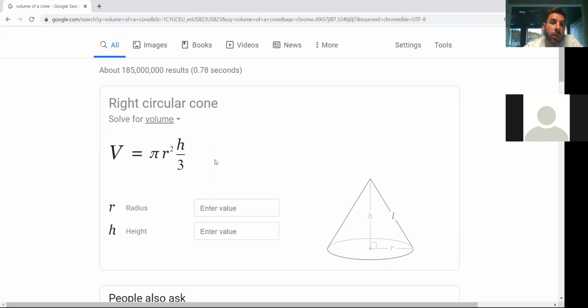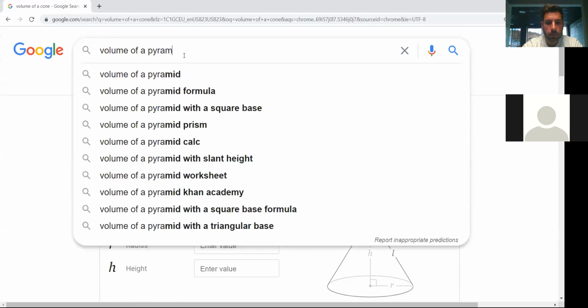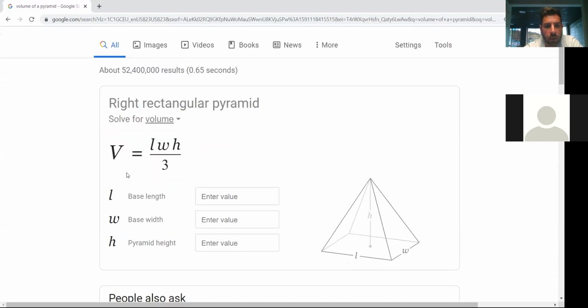How did someone derive this formula? How could you derive this formula? Similarly, if I said to Google volume of a pyramid, you'll see that Google spits out length times width times height divided by 3. And the question is, why? Why is that the volume of a pyramid? How could one deduce that formula?